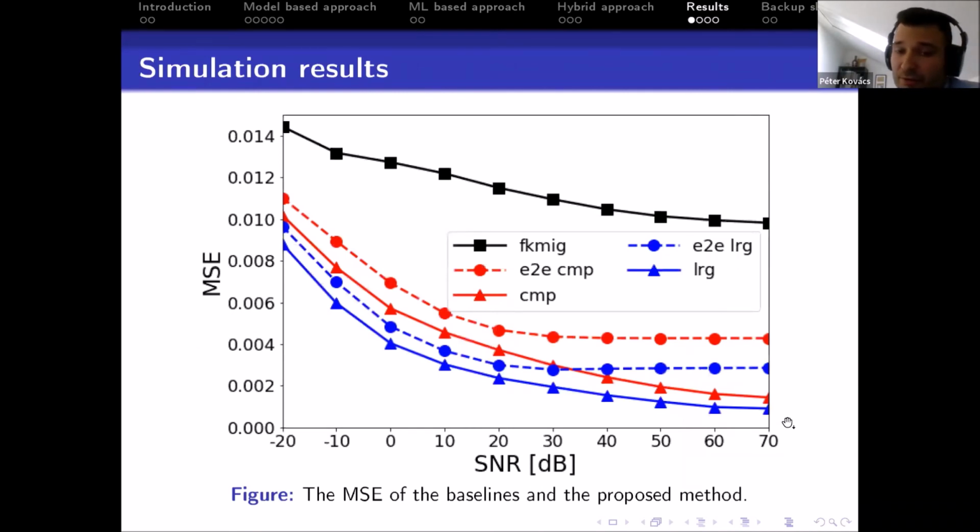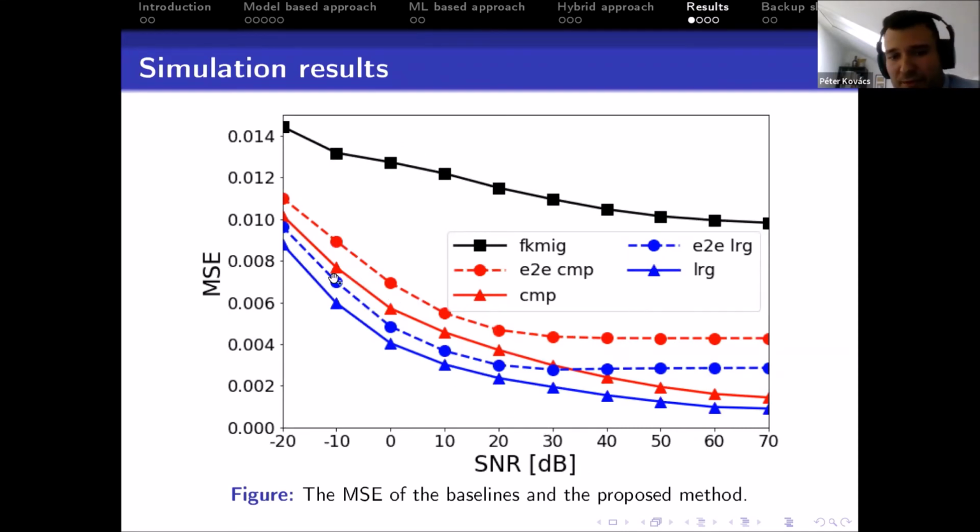Here you can see the overall quantitative test, where for each SNR value or noise level, we evaluated the average mean square error of the reconstruction. And you can see the machine learning based methods are always better than the strictly model-based approaches.